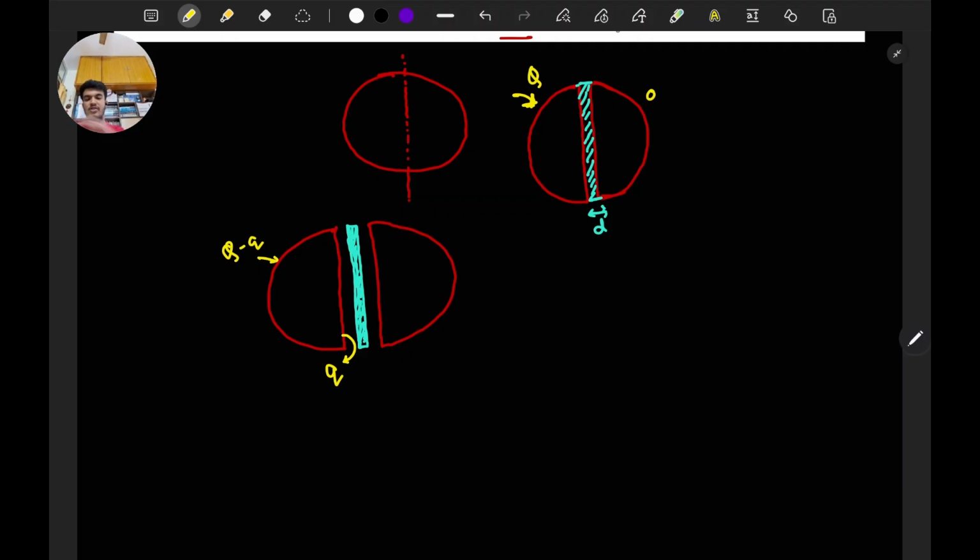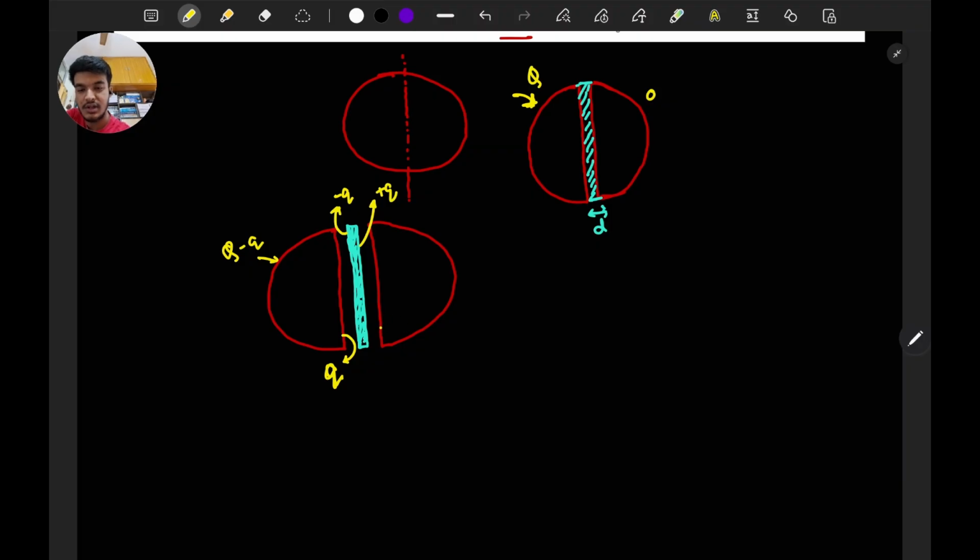Now in this system, due to the charge Q here and the small charge q here, there would be some charge minus q induced in this surface of the dielectric, the insulating material, and plus q would be induced here.